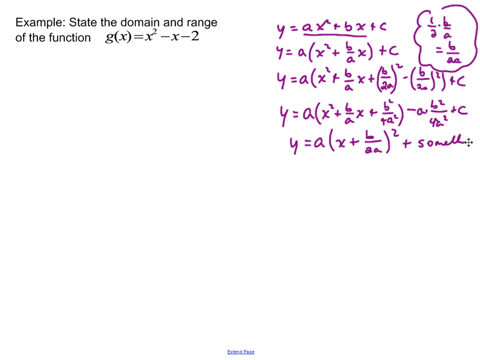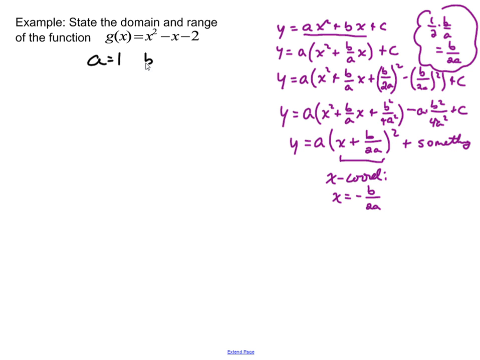I'm not that worried about the something over here, but I am worried about this guy right here, because this is actually the location of my vertex's x-coordinate. Of my vertex, I would find it at x equals whatever makes that 0, and that would be negative b over 2a.